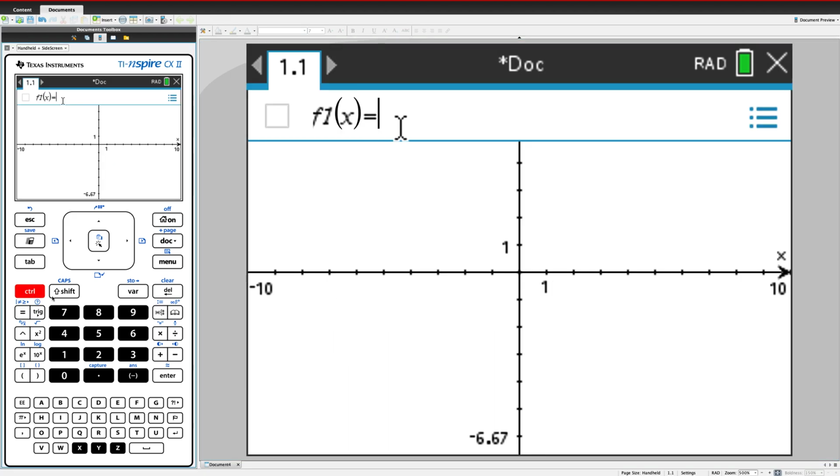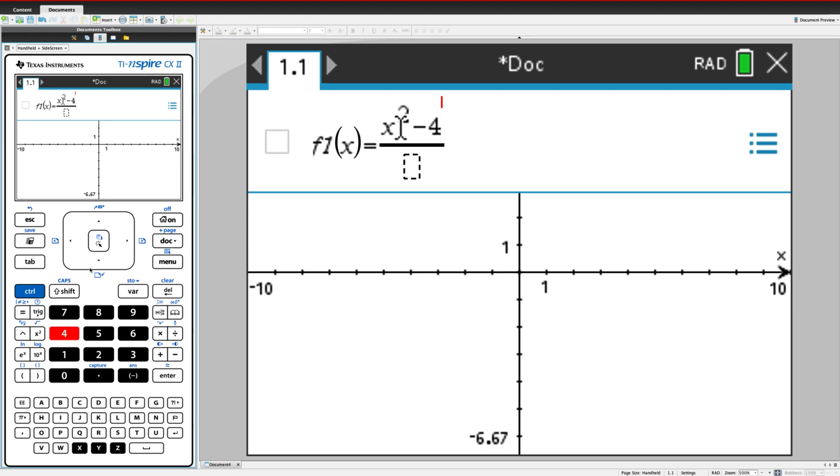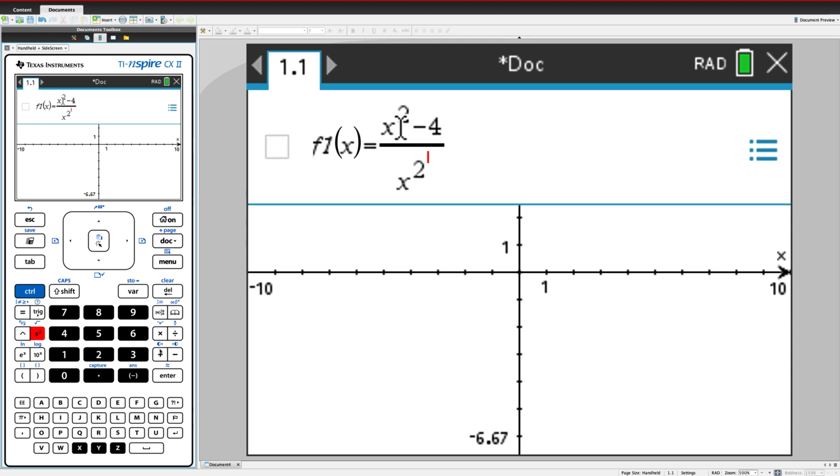To get a fraction, you can hit Control Divide, and it'll give you that fraction line. It was x squared minus 4 over x squared minus x minus 6.